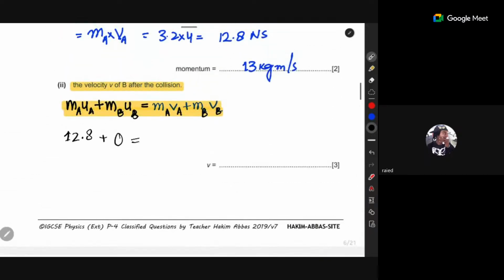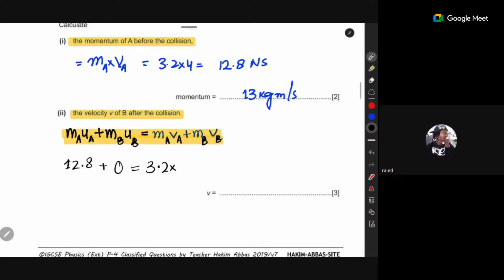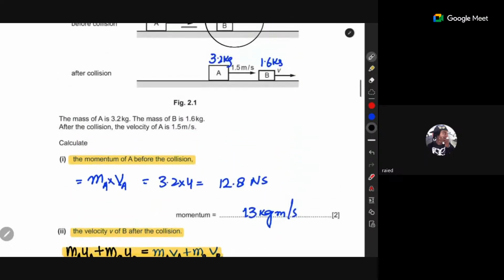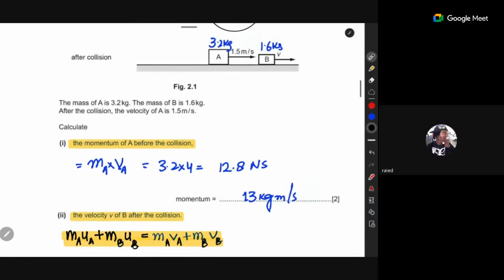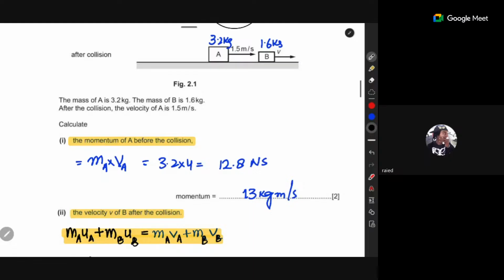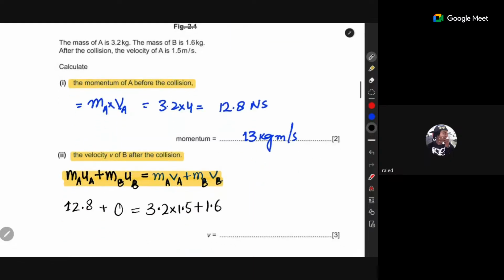Okay, now M1A, what is the mass of that? 3.2 kg. And what is its velocity? 1.5. So I will multiply that number by 1.5, plus the mass of block B, how much? 1.6. Yes. So I will plug in that value 1.6, and this is my velocity which is required.